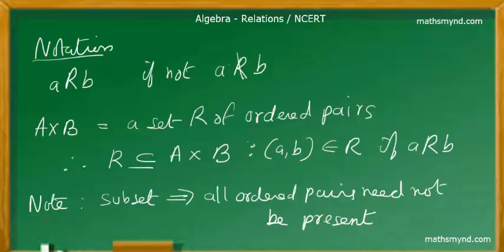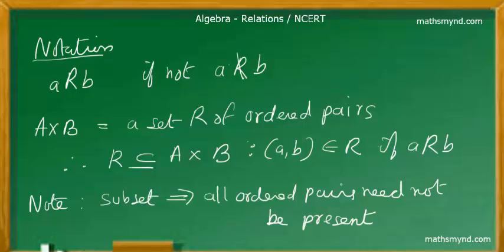In a Cartesian product between two sets A and B, you get a set R of ordered pairs. A very key, interesting point is that this relation, this set R of ordered pairs, is actually a subset of the Cartesian product of the sets A and B. That is, (a, b), the ordered pair, is an element of capital R if that relation exists.